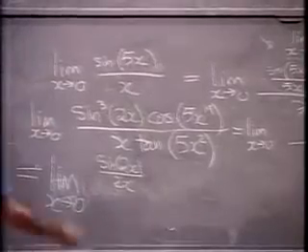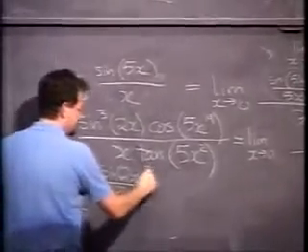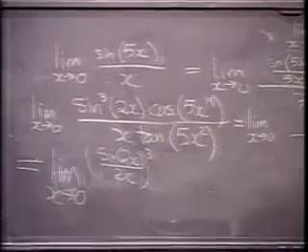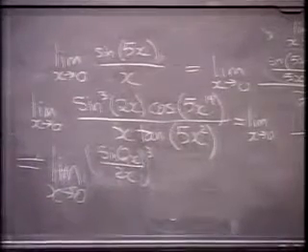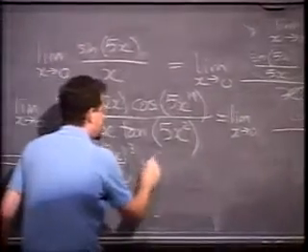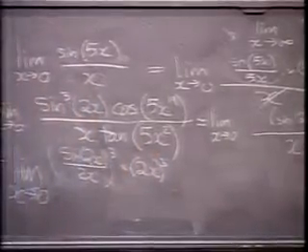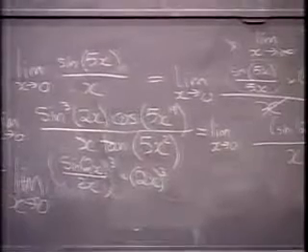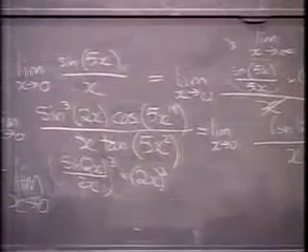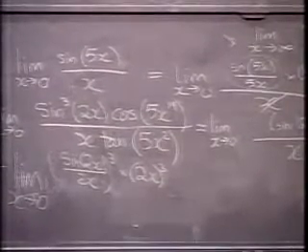Problem is, I've got to cube it, and I can't just throw in a 2x there. I have to correct by multiplying by 2x all cubed. Do you agree that that is the sine part? I haven't done anything other than multiply and divide by 2x all cubed.